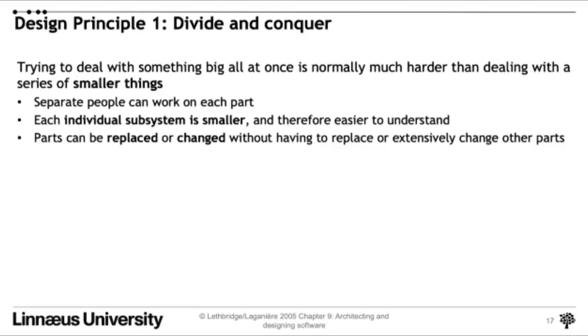So dividing and conquering means that you can divide the big system into smaller systems, and designing and implementing a small system is much easier than implementing the big one. So these modules or subsystems can be easily replaced or changed without having to replace or change the whole system.